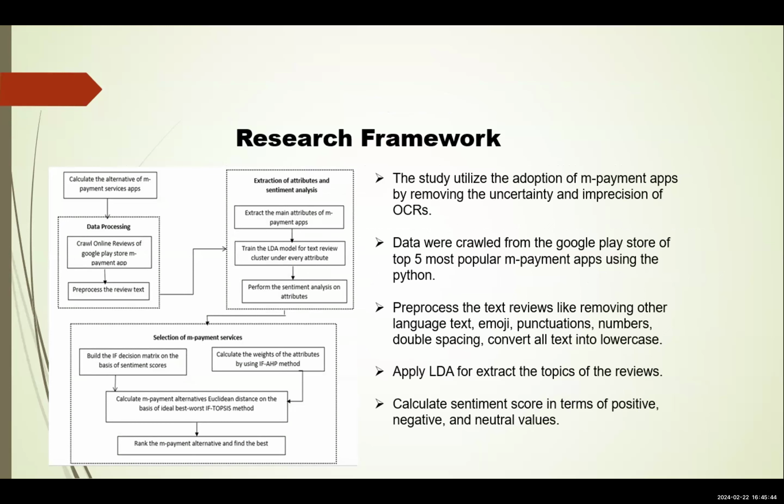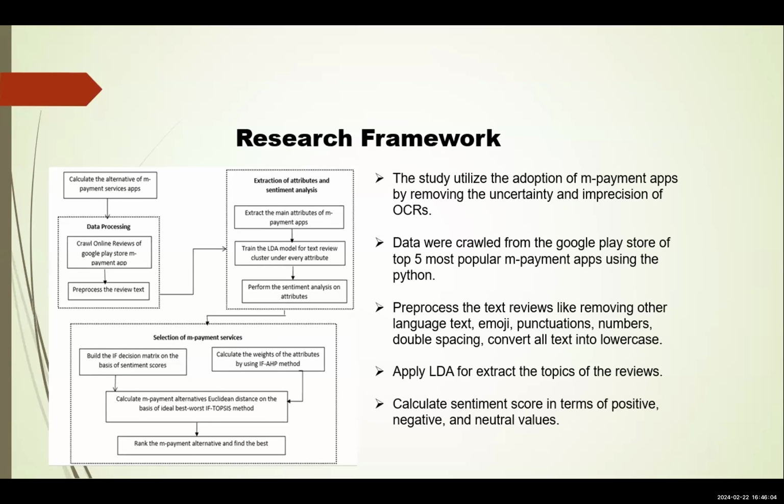First of all, I have crawled the data from the Google Play Store for 5 apps, then pre-processed that data. Pre-processing means removing the missing values, numbers, double spacing, other languages, emojis, and converting all the text reviews to lower case.